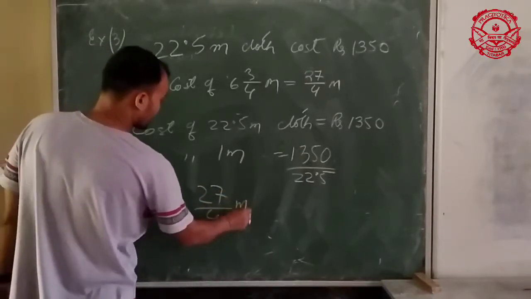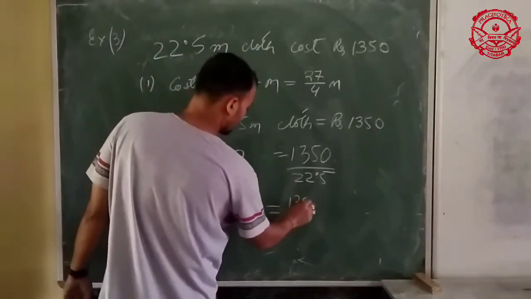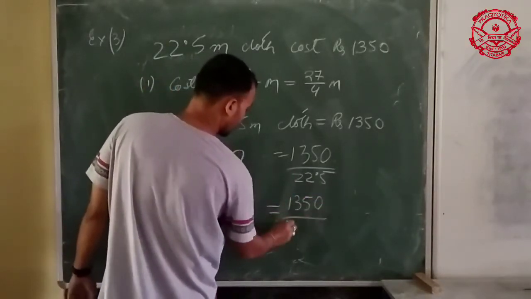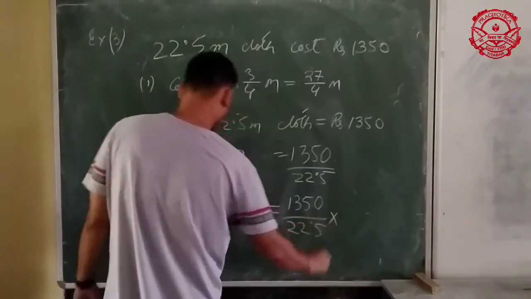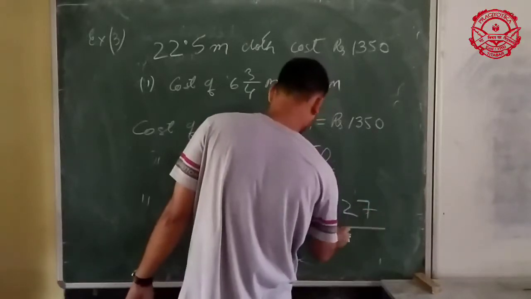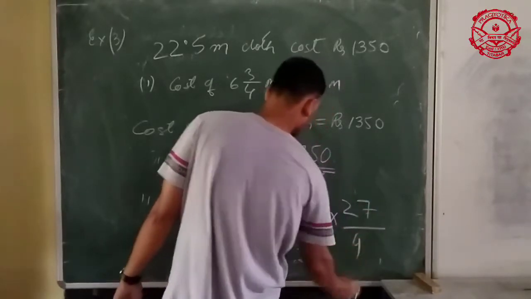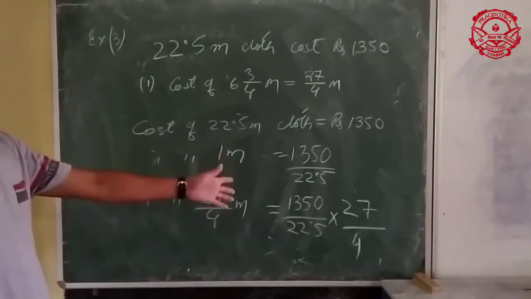Now, cost of 27/4 meter, you can simply multiply with this. 1350 by 22.5 into 27/4. This is the way. Okay, simply don't divide it, multiply it.